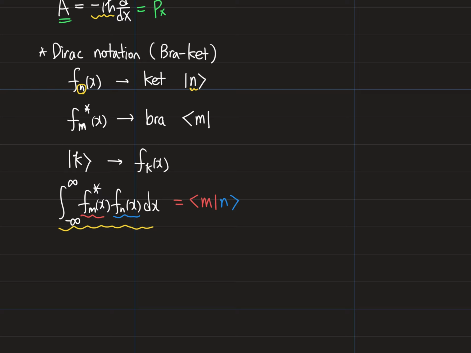Quite simple, right? And if you want to insert the operator in between two functions, something like this, then it will be represented as bra vector m, operator A, and the ket vector n.